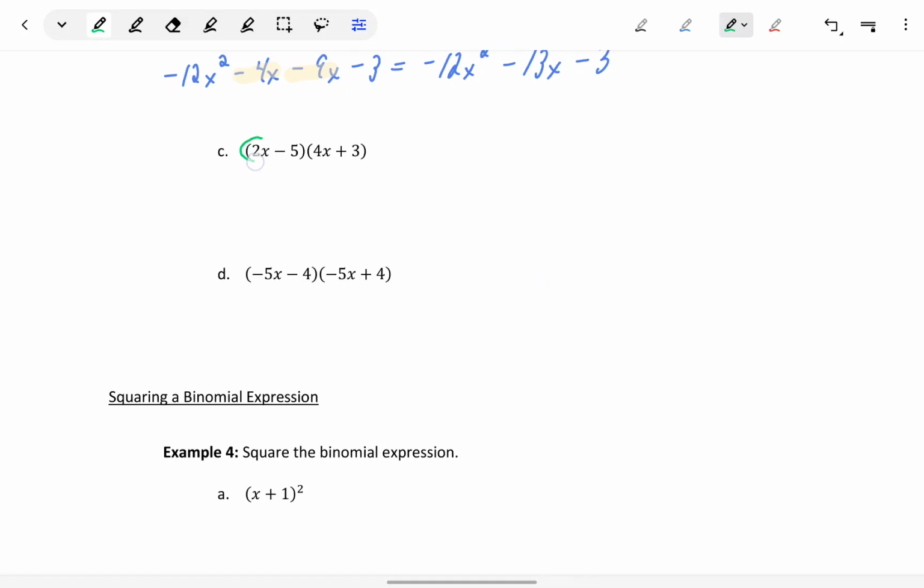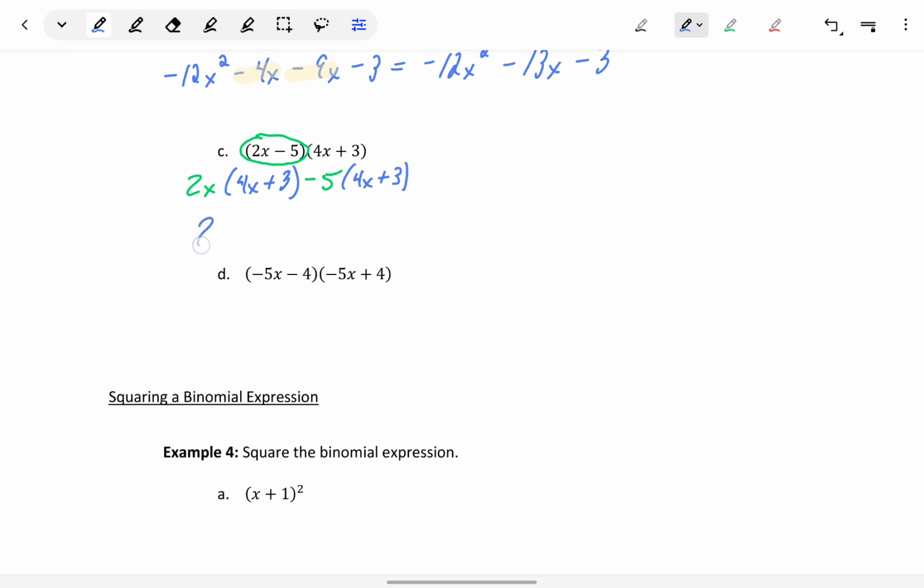In part C, that first binomial is 2x minus 5. So we'll take 2x times the quantity 4x plus 3. Minus 5 times the quantity 4x plus 3, so in each case multiplying by that second binomial.